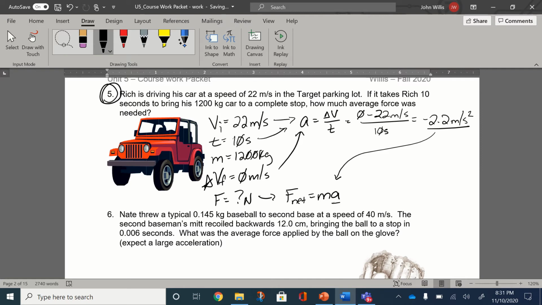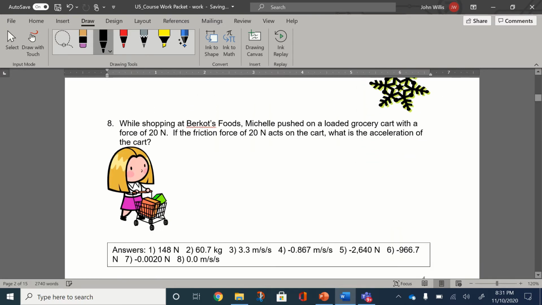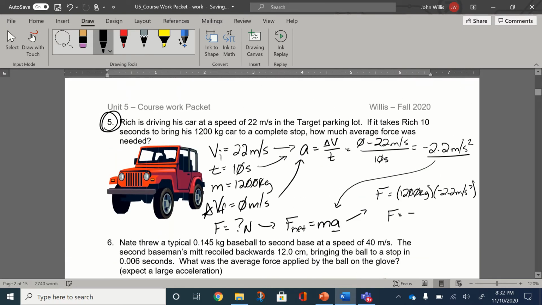While we might not incorporate a full-on projectile motion, horizontally launched projectile sort of thing, we are going to be incorporating some of the old ideas of speed in order to help us calculate accelerations. Negative 2.2 meters per second squared was my acceleration, and then this is going to give me a force of something negative. It was like 2,600, I think. Yeah, 2,640.